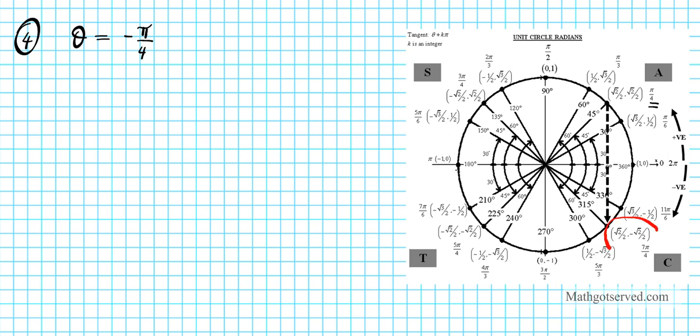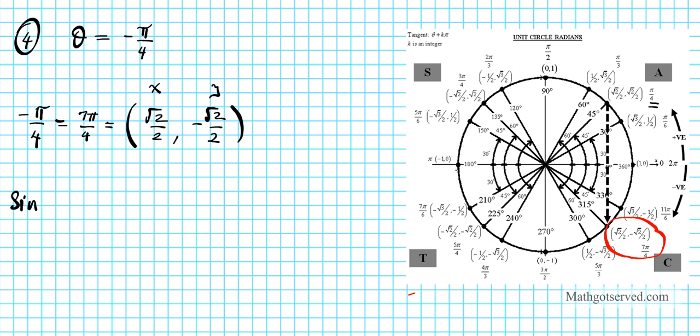So negative pi over 4 is going to be the coordinate of 7 pi over 4, and that's root 2 over 2, comma negative root 2 over 2. This is the x coordinate, this is your y coordinate. So let's find all 6 trig ratios.